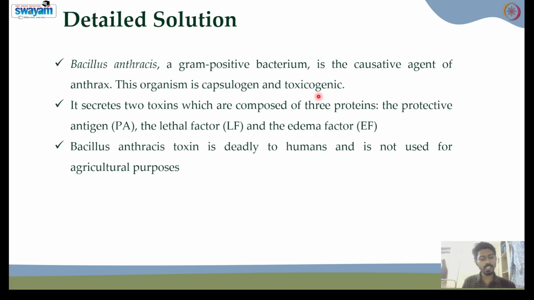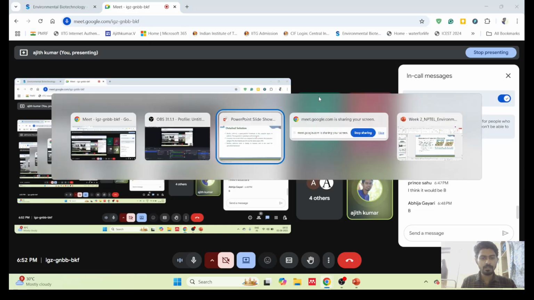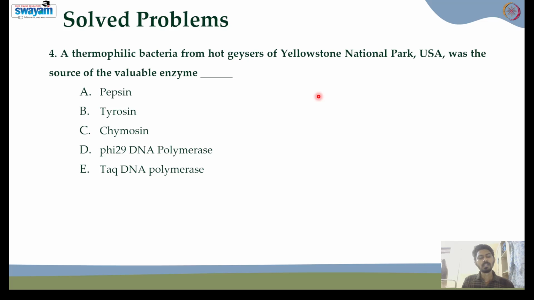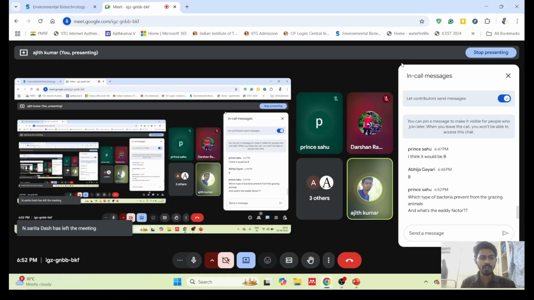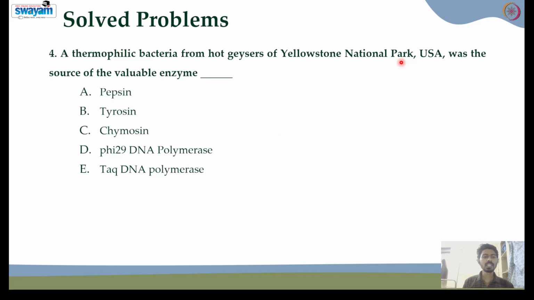So we will move on to the next question, which is: a thermophilic bacteria from a hot geyser of Yellowstone National Park, USA, was the source of a valuable enzyme. So which enzyme was isolated from the thermophilic bacteria of the hot geyser of Yellowstone National Park? Option A, pepsin. Option B, tyrosine. Chymosin.